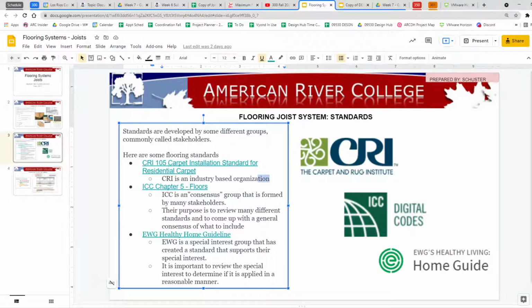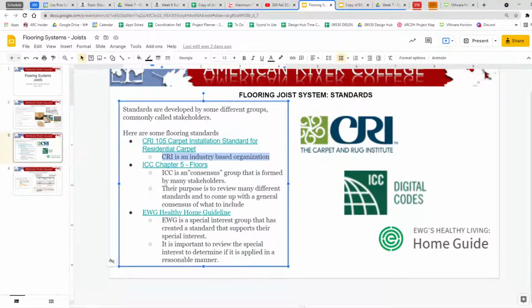So that's called an industry-based organization because there's industry members that are running the show. Now there's another one that's called the consensus group, and that has many stakeholders. It'll have more than just industry. It'll have users. It will have suppliers. It'll have designers. It'll have government groups.